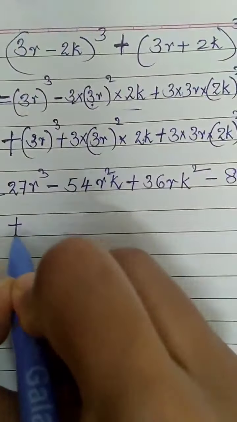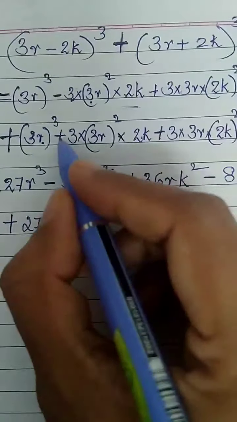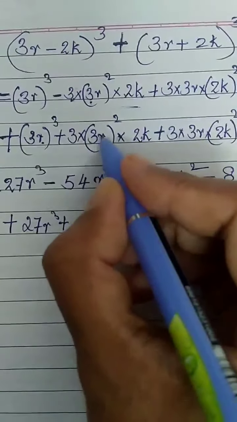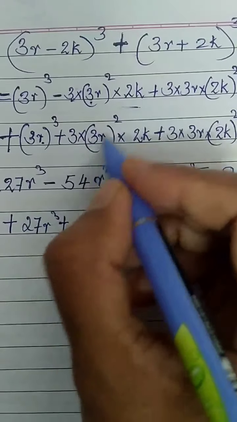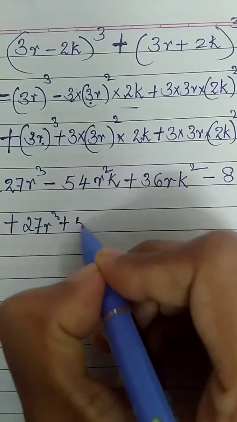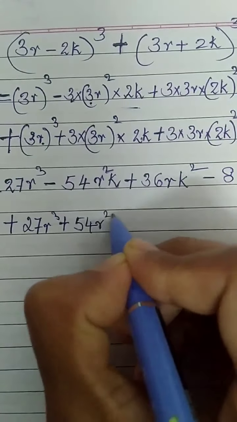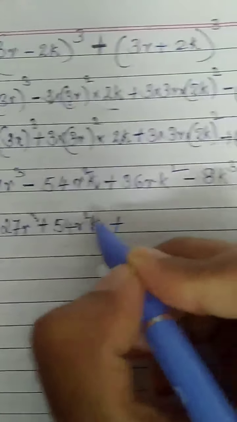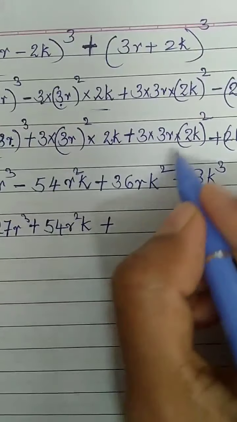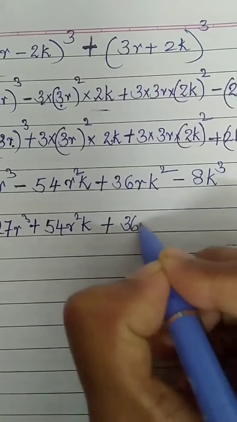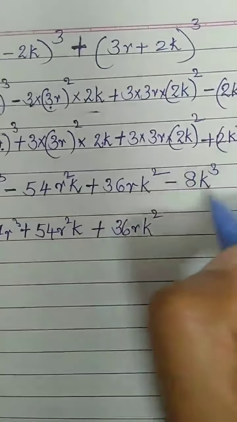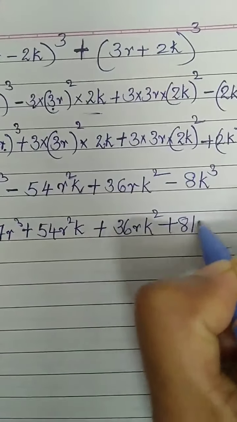Same way you will get here also 27 r cube because both the numbers are same. Only sign difference. Plus 3 2s are 3 3s are 9, 9 6 are 54, r square k plus here 9 4s are 36 rk square plus 8k cube.